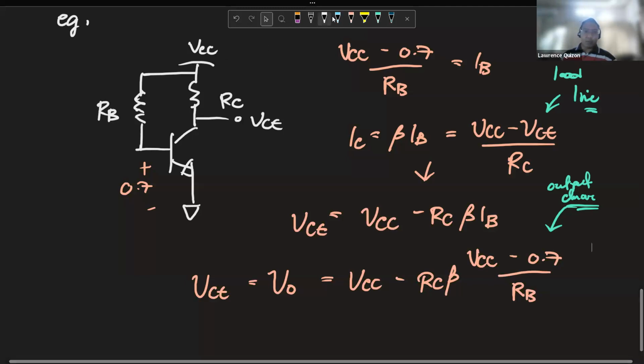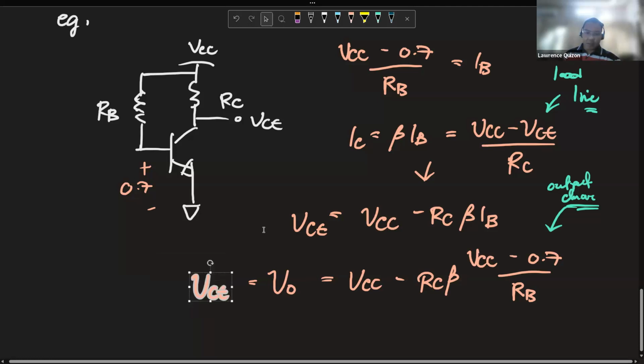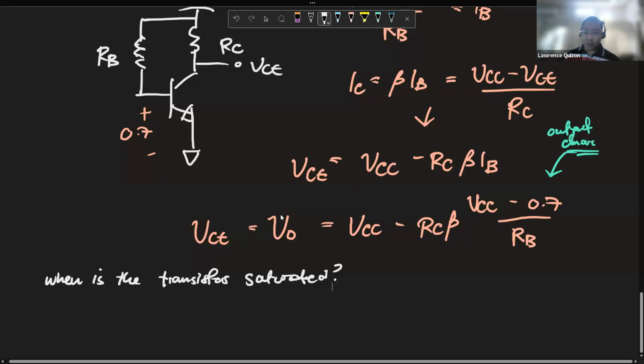So what else can we do in these circuits? Well, an example design problem that you could encounter in this circuit is: when is the transistor saturated? Of course, because we're not sure if it is saturated.